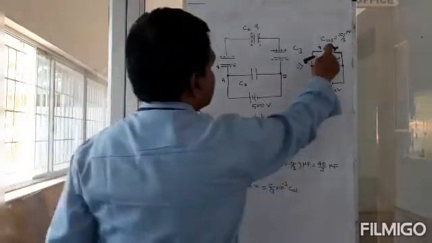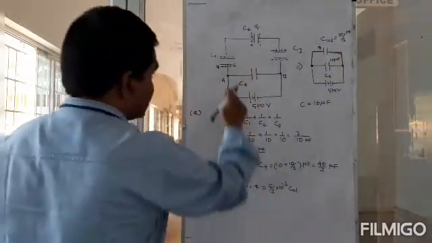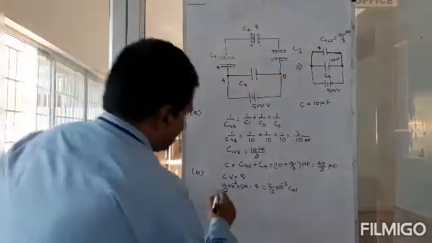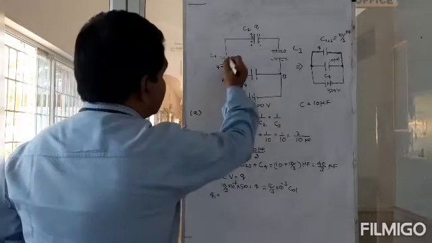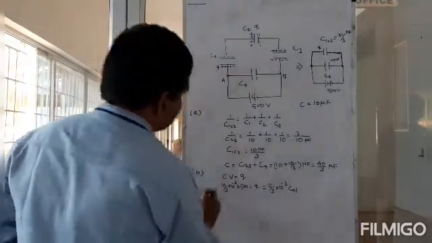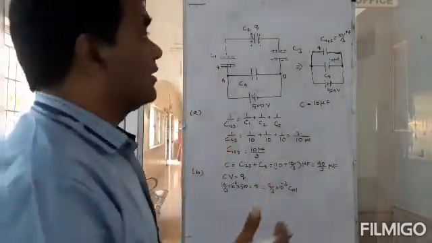That's the charge on this capacitor, and that's the charge on C1, C2, and C3. So C1, which is Q1, is equal to this value, 5 by 3 into 10 to the power minus 3 coulomb.